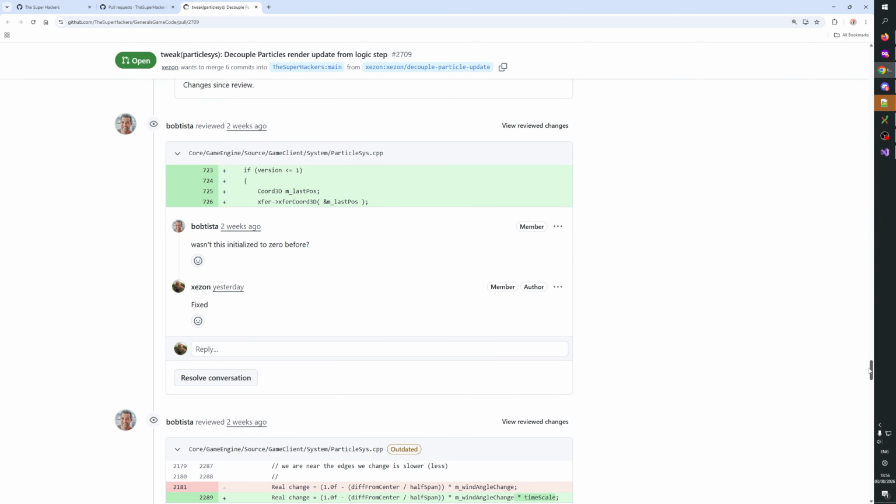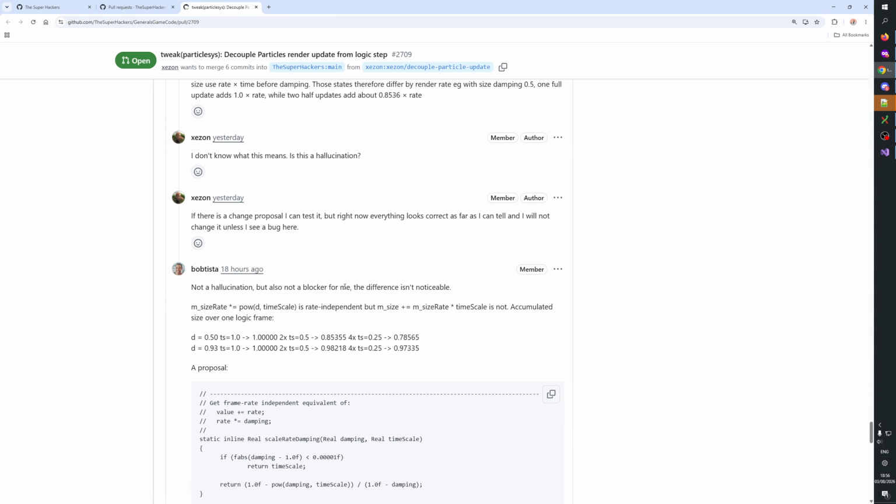Okay, so there's one more comment here. Baptista says that this is not a hallucination, but also not a blocker. The difference isn't noticeable. Size rates multiplied by pow delta.